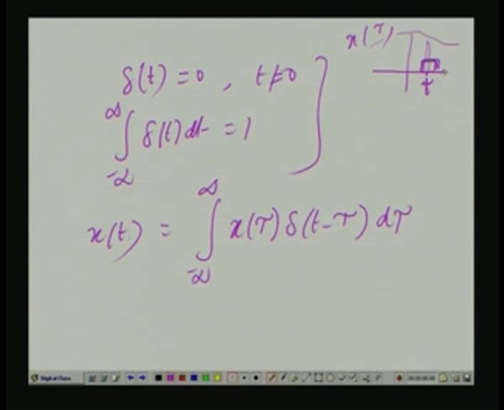In the limiting case, you get a value x(t), because if the box is sufficiently narrow, then the area of the box is not just 1, but multiplied by the value of the function. If the box has infinitesimally small width, then the function has approximately the value x(t), that is, the value at the center point, at t.